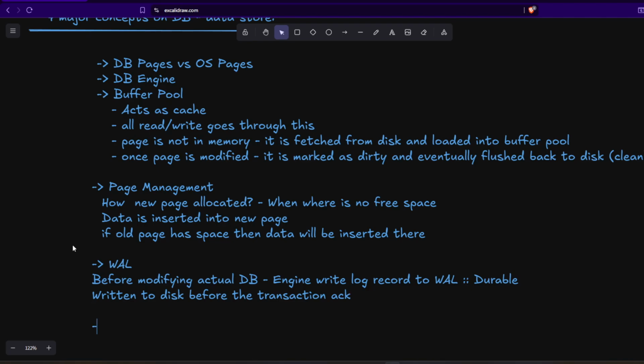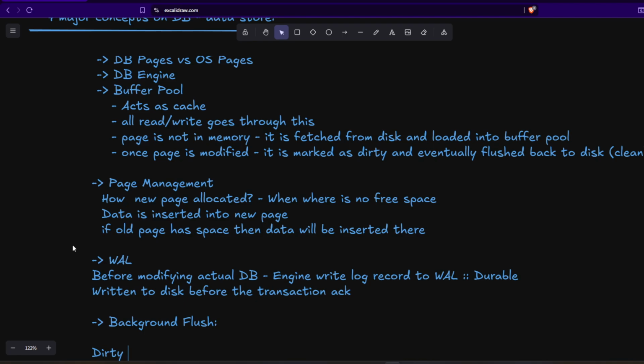And then one more important concept that we touched upon is the background flush. In background flush, what happens? The database pages are not written immediately to disk. A background writer periodically flushes them to disk.